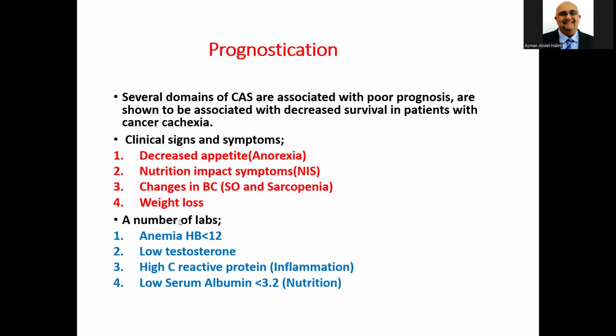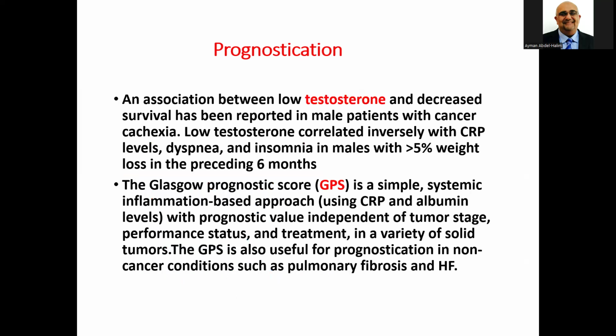Other abnormal labs, such as low hemoglobin, less than 12, low testosterone, high C-reactive protein, which is an indication of inflammation, and low serum albumin. An association between low testosterone and decreased survival has been reported in male patients with cancer cachexia.